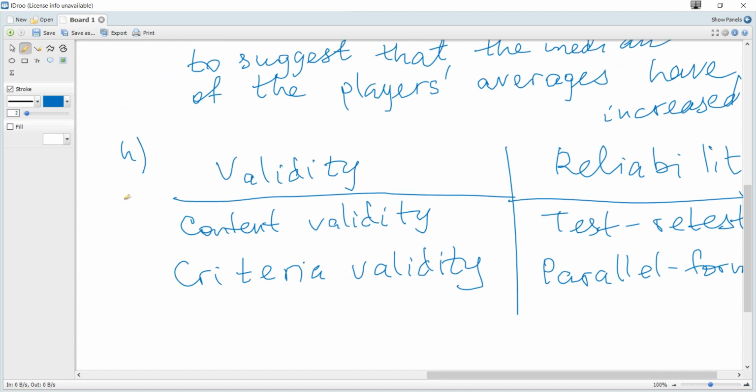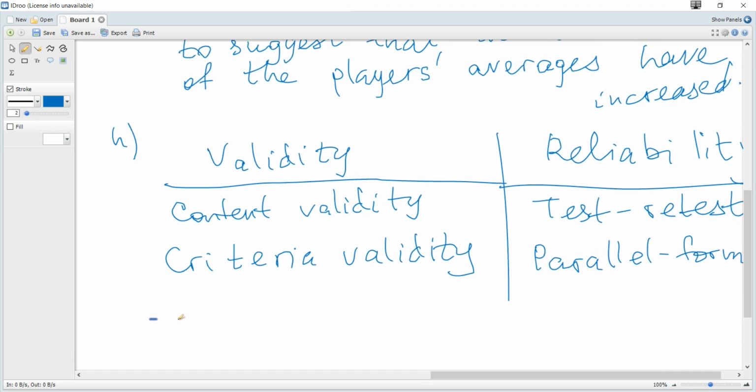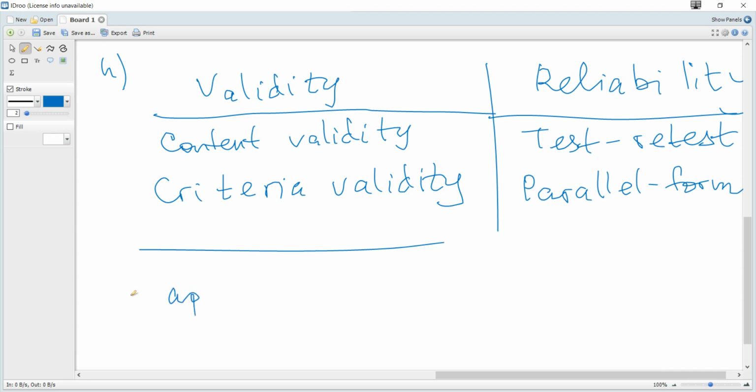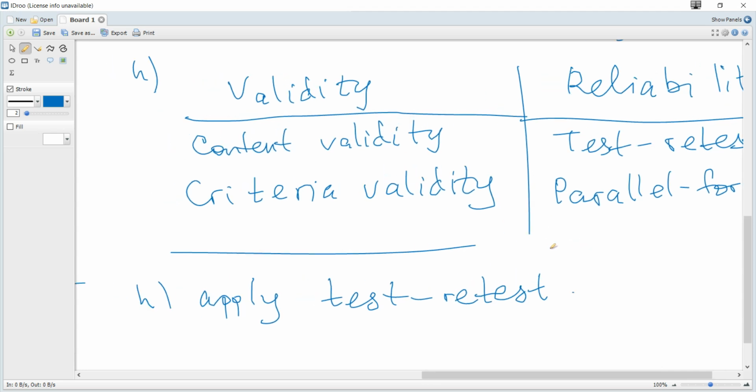So we can answer our question. You may write just apply test-retest, and it's enough for 1 mark. But what does it mean? It means repeat the same process with the same sample at a later time, or she could repeat the test with a different sample for the same year.